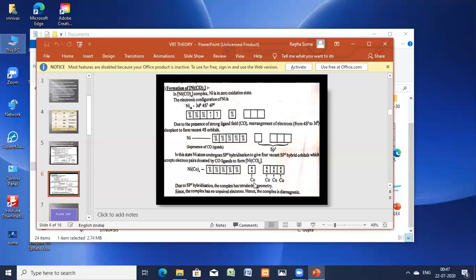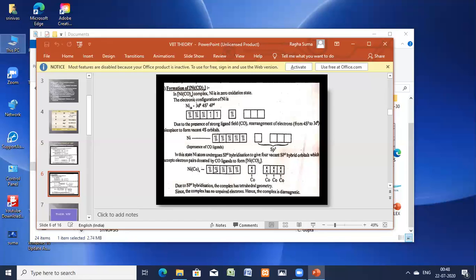In a similar fashion, the 4 carbonyls, carbon monoxides, will donate their pairs of electrons to the empty hybrid orbitals of the nickel. So they undergo bonding with the nickel central metal atom, and nickel tetracarbonyl is formed. So it is sp3 hybridization, and we get tetrahedral geometry.